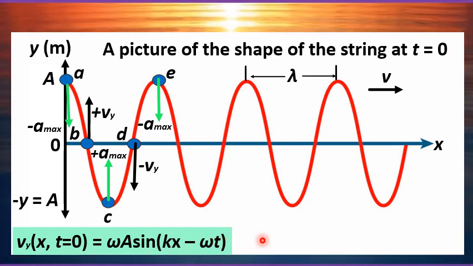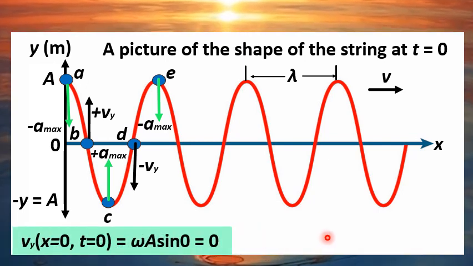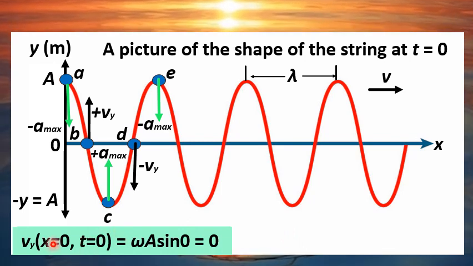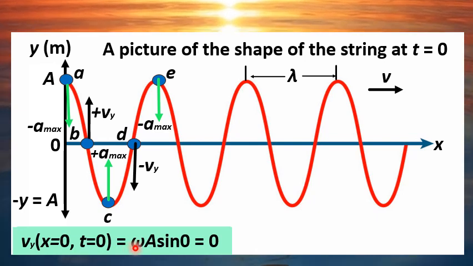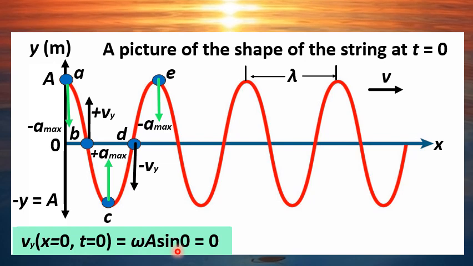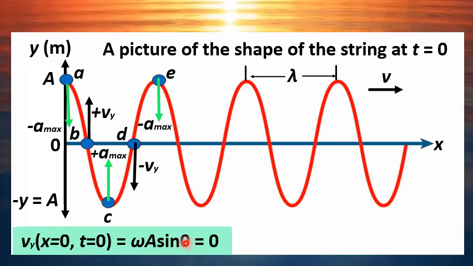So we will get as the transversal velocity of particle A equal to omega multiplied by the amplitude A and the sine of 0 radian, which we know is equal to 0.